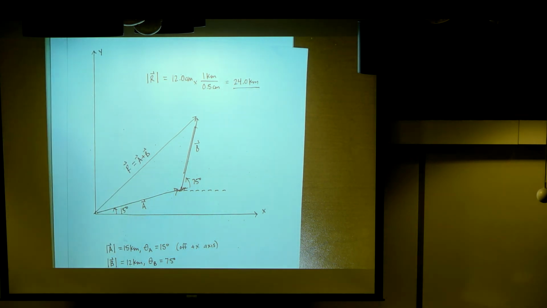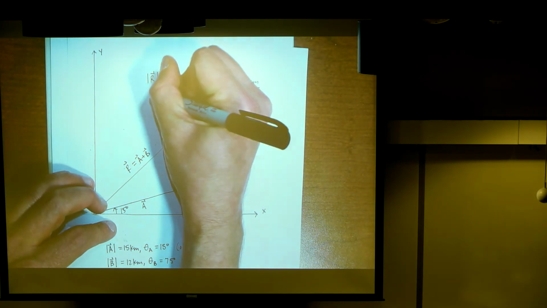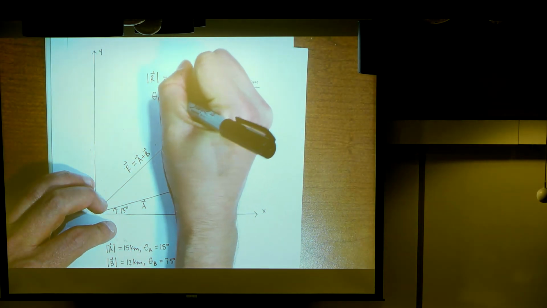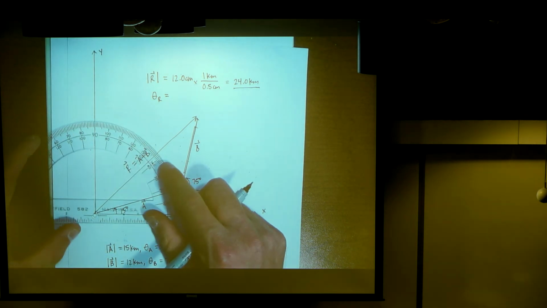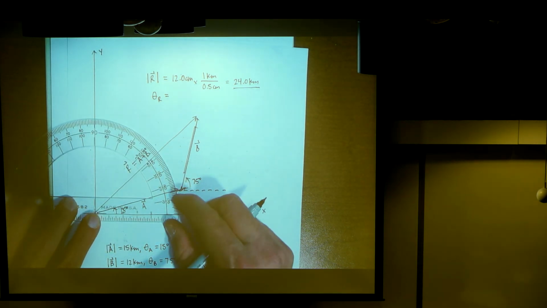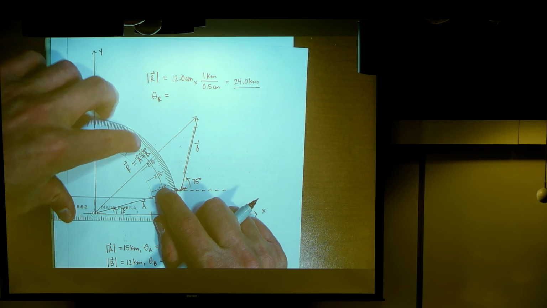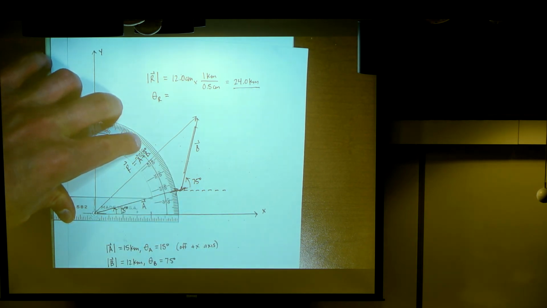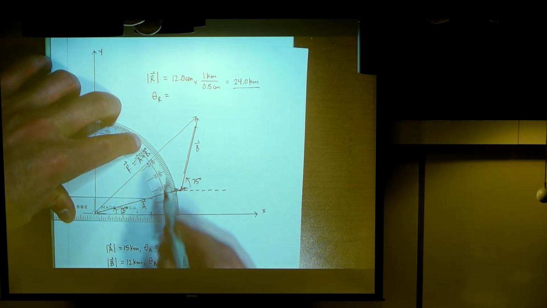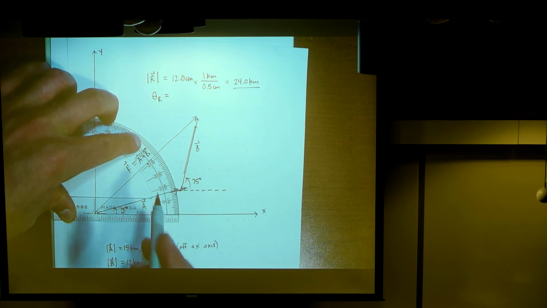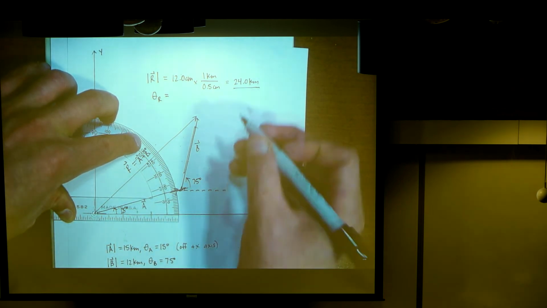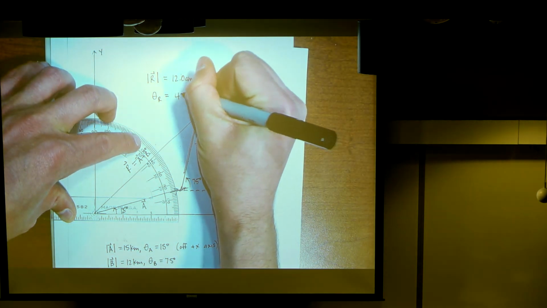Or at least that's the magnitude, right? For the direction, let's call that theta r. We'll measure that directly too. So we'll put up our protractor, and I don't know, what do you see for the direction here? 43, 42? Yeah, it looks to be right about 42. I don't know if the numbers are too small to see. Do you see it? 42? Okay. 42 degrees.